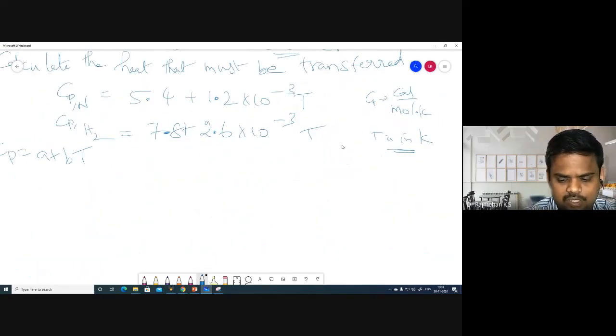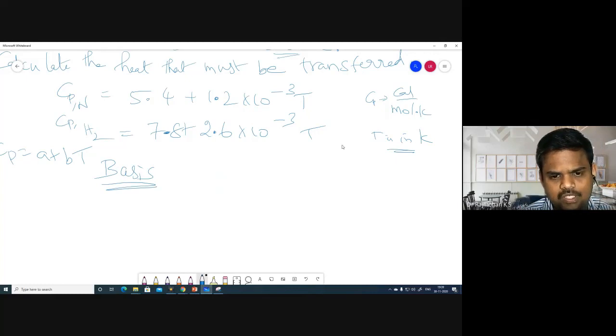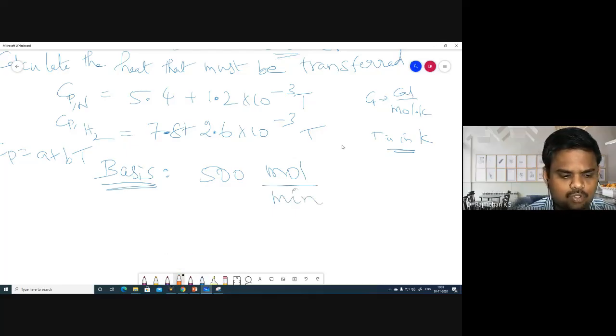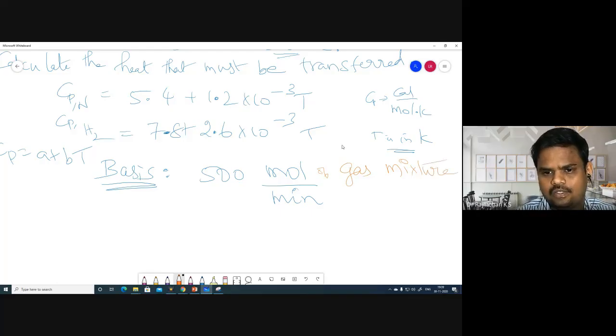Okay. So what is the basis here? To solve, the basis is 500 moles per minute. So we are having 500 moles per minute of gas mixture.